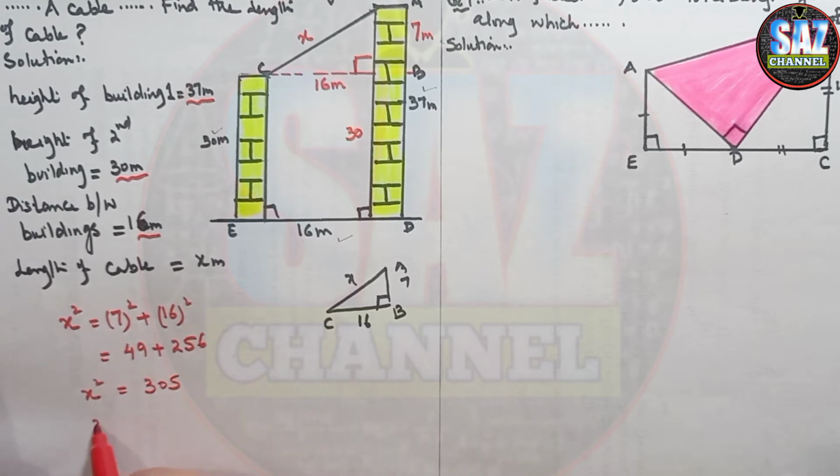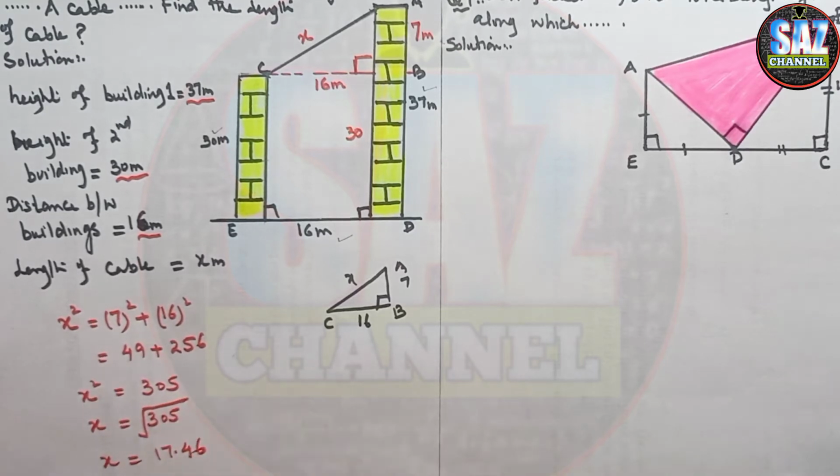Now in order to find the value of x, I have to take the square root on both sides. So x will be equal to the square root of 305. Let me check the square root of 305. That is 17.46. So x equals 17.46. Okay, now the requirement of the question is the length of cable.